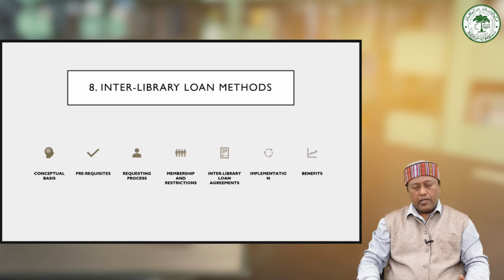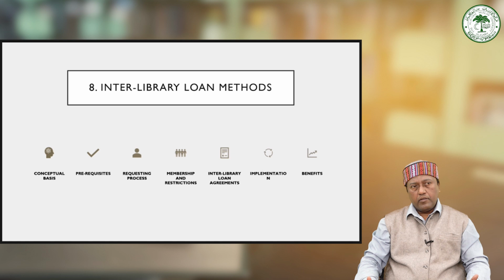Or there should be a general agreement that for some documents with restricted access, they can give restricted access to the users of any library, or they can loan out the document to a member of any other library if the registered member of the home library is not using it.